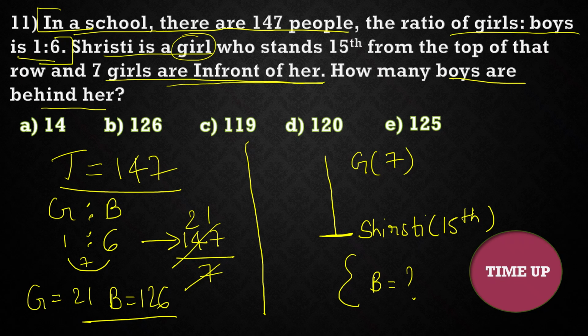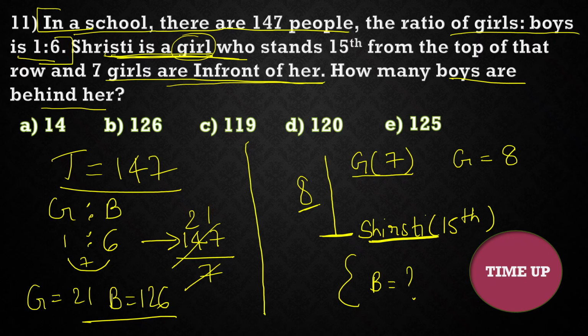Srishti herself is a girl and 7 girls are in front of her, so total girls will be 8. Don't you see that Srishti is a girl, as mentioned in the question itself? So I'm writing here that girls in front, including Srishti, total 8.